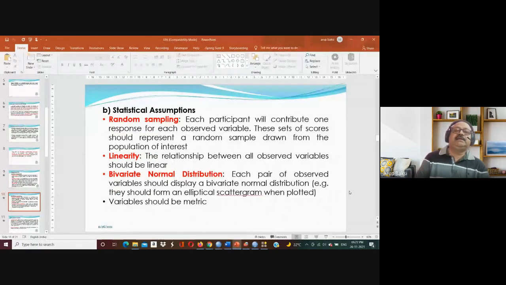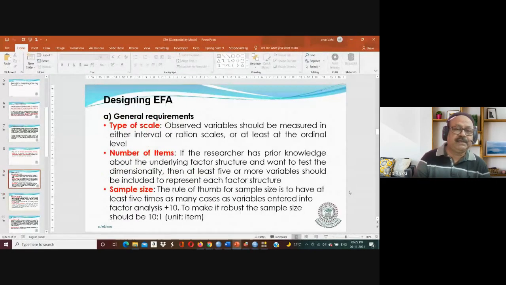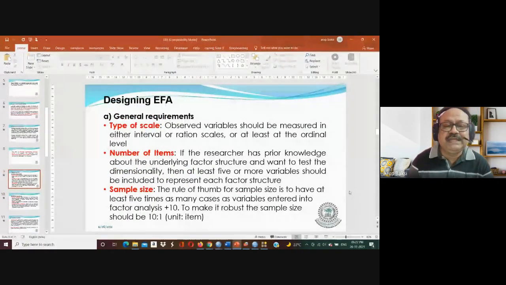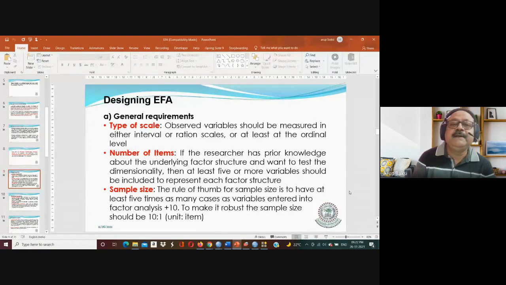What are the statistical assumptions? Those are the general assumptions as far as the EFA is concerned. So you need to have either a ratio scale or an interval scale, or at least an ordinal level measurement as far as the data is concerned. The number of items again depends on whether the researcher has some prior knowledge about the factor structure.